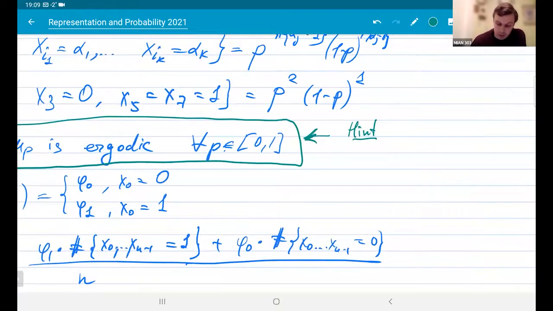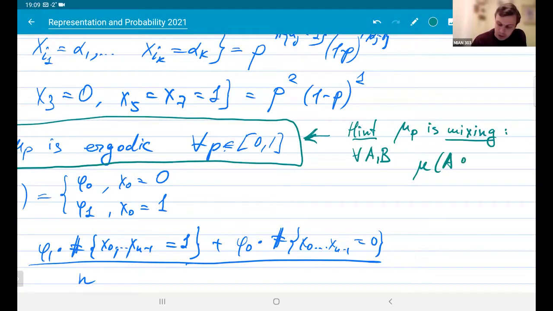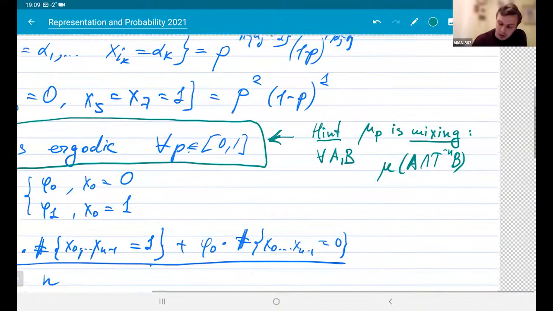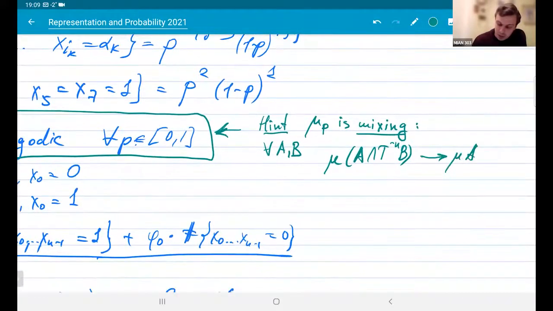Well, μp is mixing. Mixing means the following: for any sets A and B, if you consider the measure of the intersection of one set and the nth preimage of another, then this tends to μ(A)μ(B).